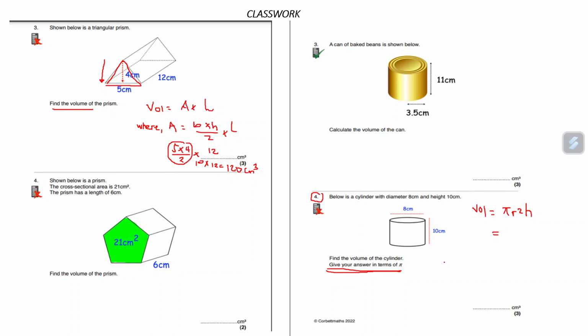To solve for your radius, I've talked about circles and parts of the circle. Please, I will encourage my learners to visit the video session on circles. So diameter is 2 times radius. So to get your radius is diameter divided by 2.